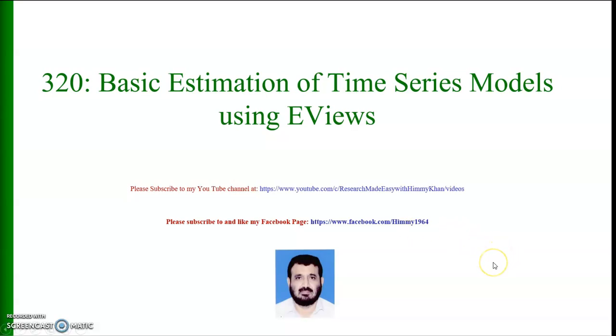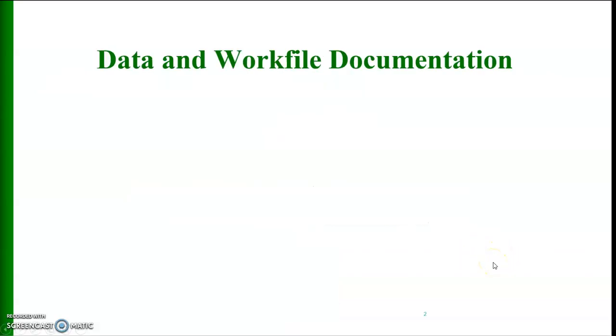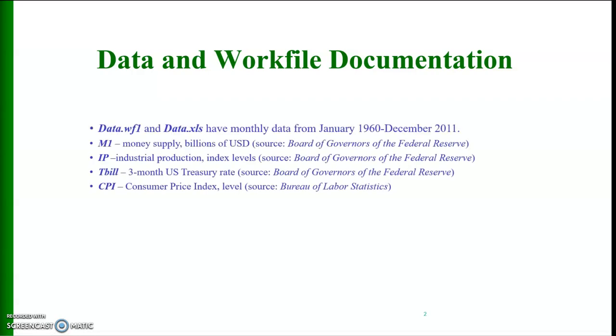Let me start with the data and the work file documentation. In this video, I'm going to use monthly data, which is available from January 1960 to December 2011, and the data is on 4 variables: M1, which stands for money supply, and that is measured in billions of US dollars.